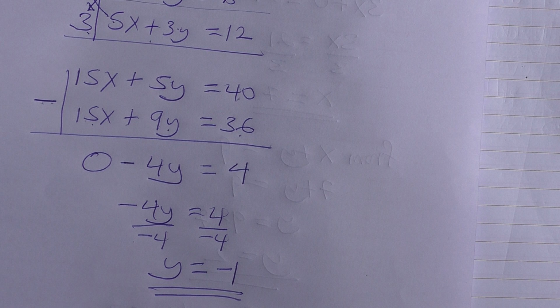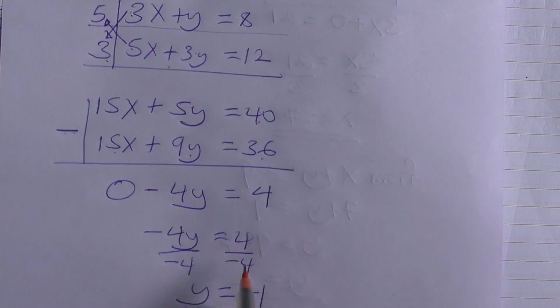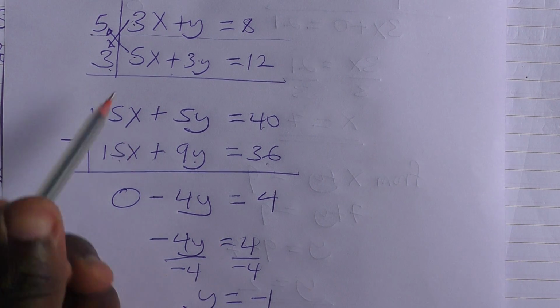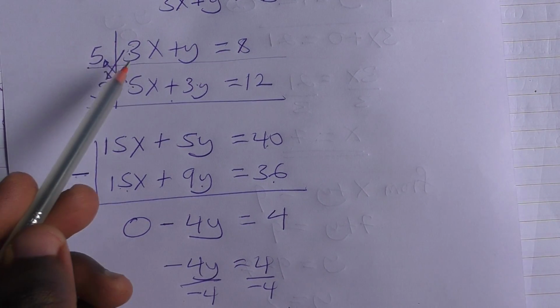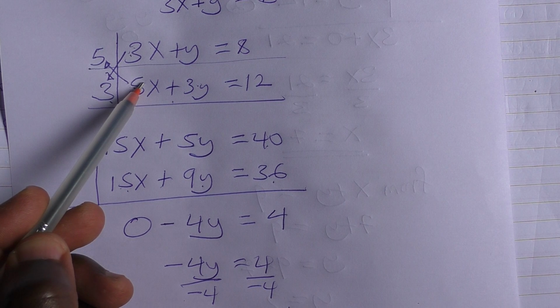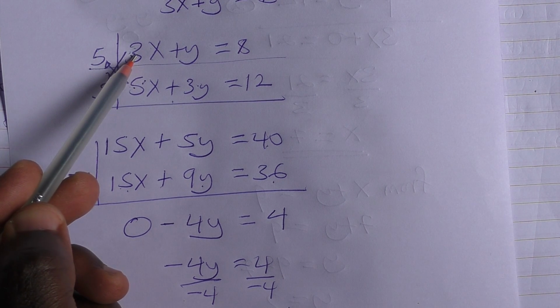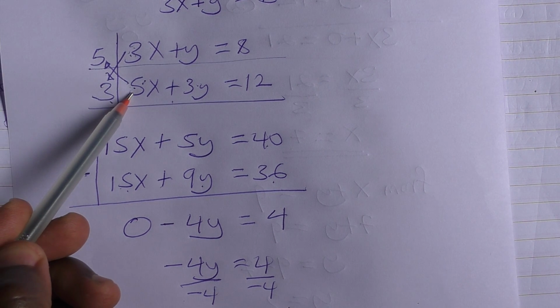So, when you're using elimination method, make sure after choosing what to eliminate, that is our first step. The second step should be to look at the coefficients of what you want to eliminate. I had chosen x. Then the x is 3 and here it's 5.